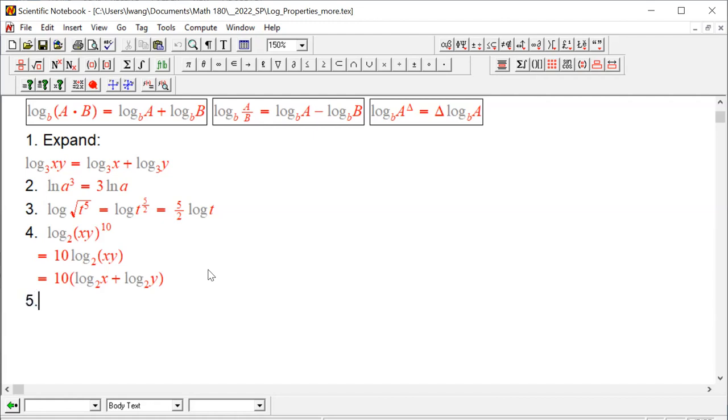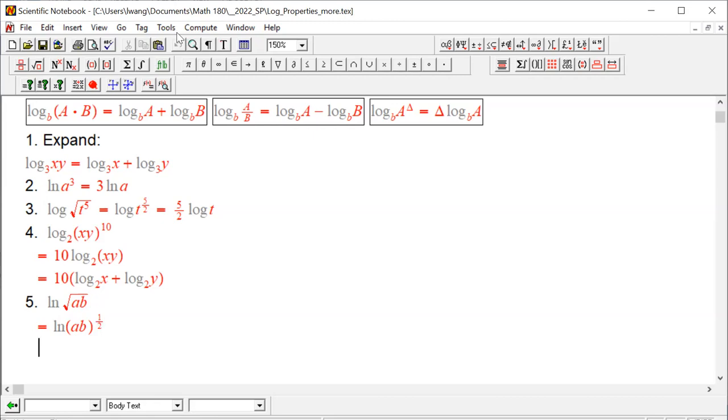Let's look at example number 5. We have ln square root of a times b. If we are to expand it, we get ln of a times b raised to the power of half.